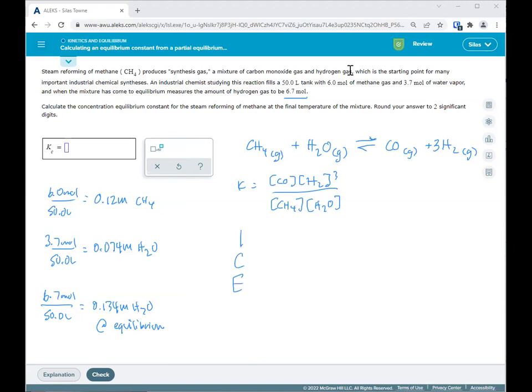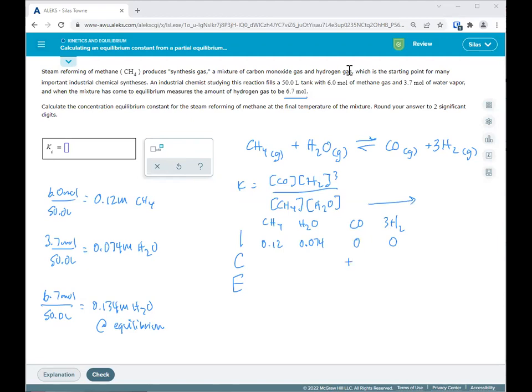So we've got CH4, H2O, CO, and H2. I'm going to say my initial is 0.12. Here I have 0.074. Here I have 0. Here I have 0. So I know it's going to progress in this direction because I have no products.